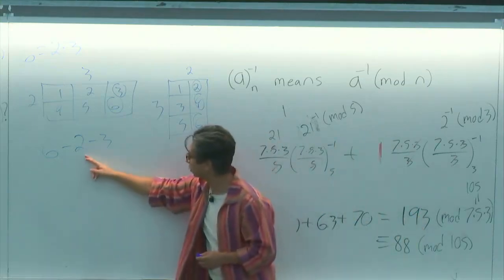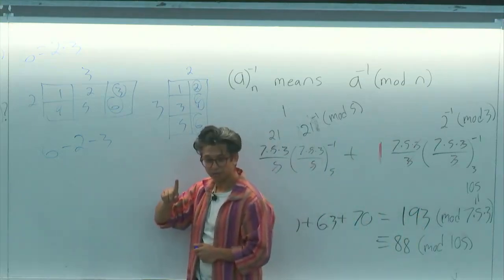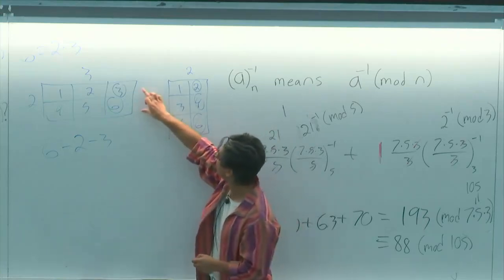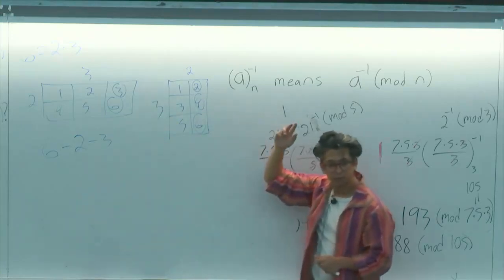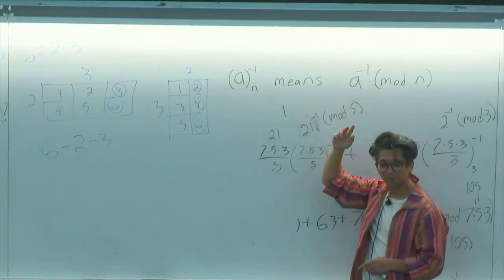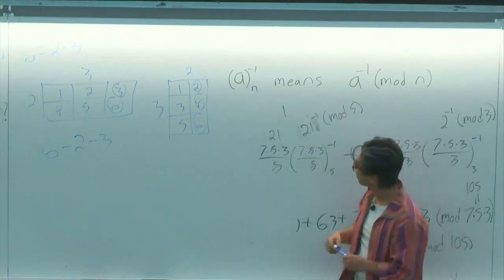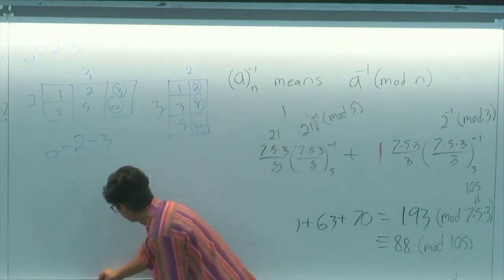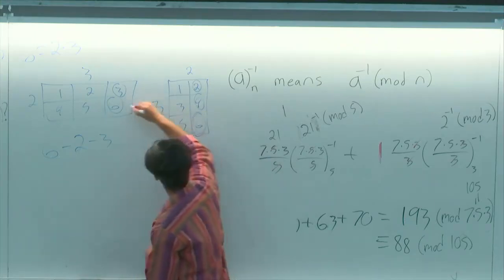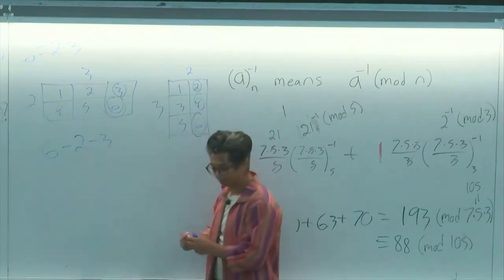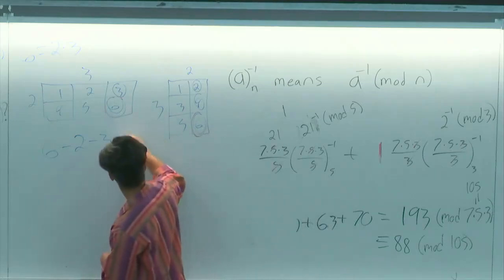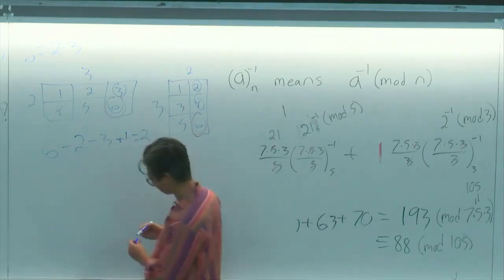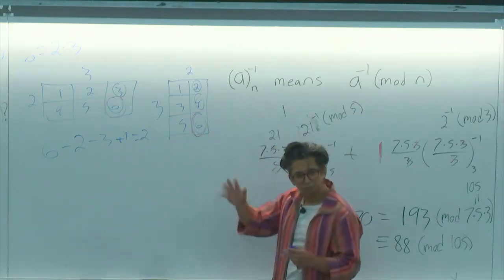First off, 6 minus 2 minus 3 is 1. So what happened here? Why did we not get the correct number? We double counted 6. Let's use a different color. 6 is counted twice in here, so we need to add that back in. And that gives us 2.